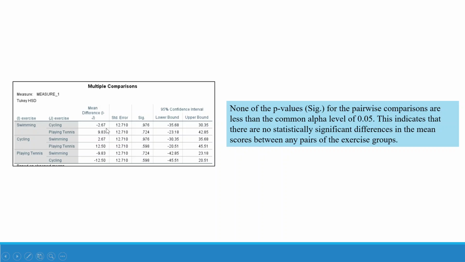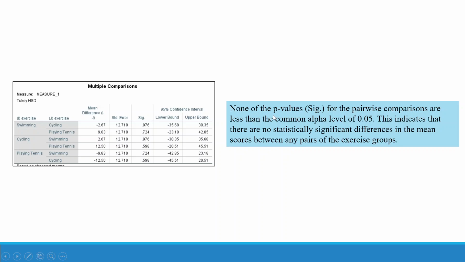The difference is there, the p-value is more than 0.05, and therefore it is not significant. The mean pulse rate of swimming minus mean pulse rate of playing tennis is 9.83. So the p-value is more than 0.05, that is 0.724. So all the p-values are more than 0.05, and therefore the effect of exercise is not there on the pulse rate.